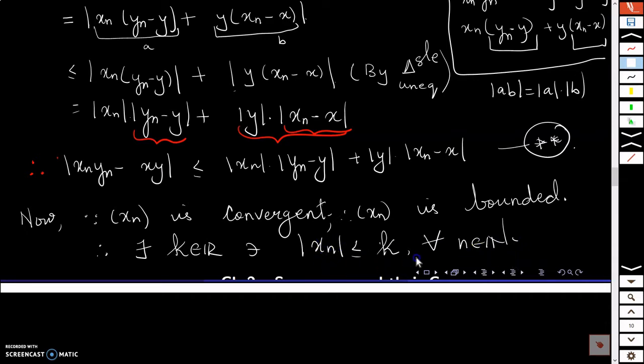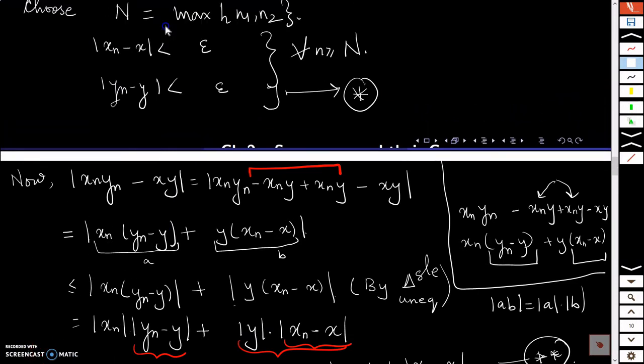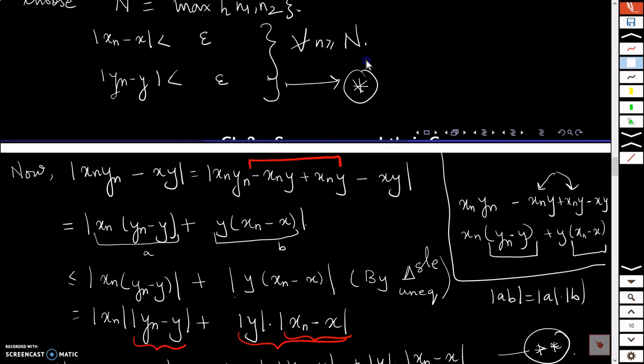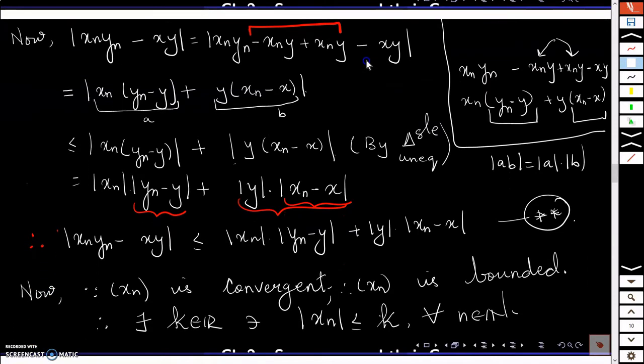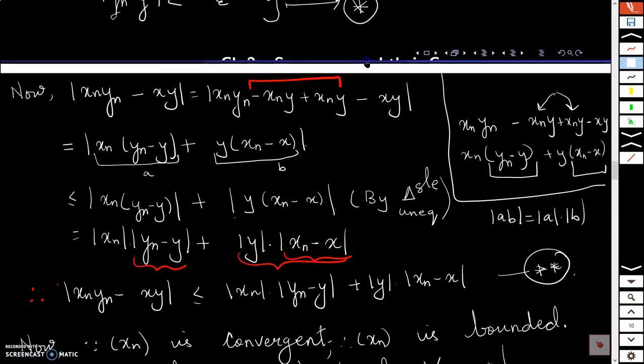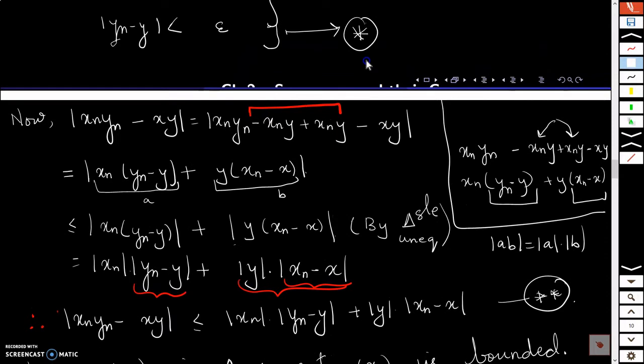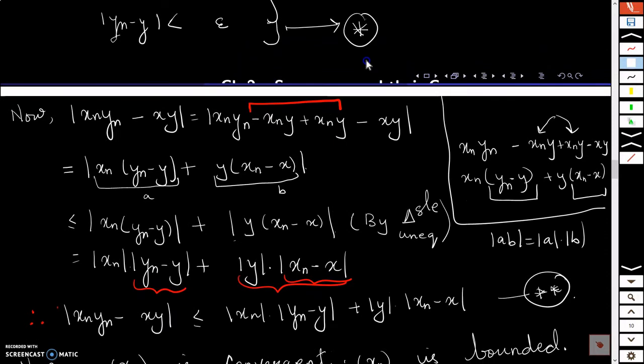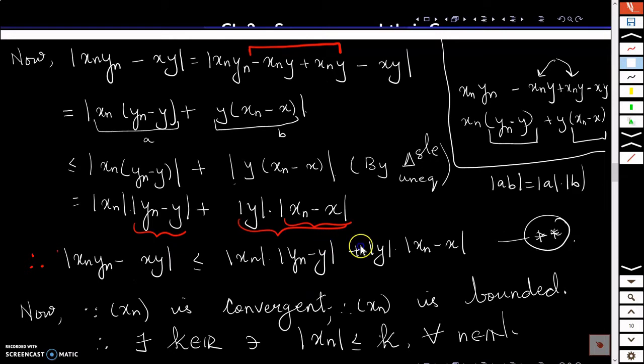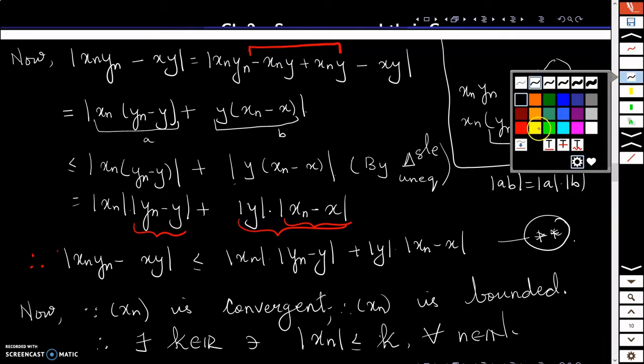So that means this is working for all the natural numbers. So definitely it will work for all the natural numbers bigger than or equal to capital N, because anyways it is working for all the natural numbers, right? So that won't make a difference now. So now what are the things I have to look out for? See, if you look at the expression double star, finally I have a sum of two terms, right?